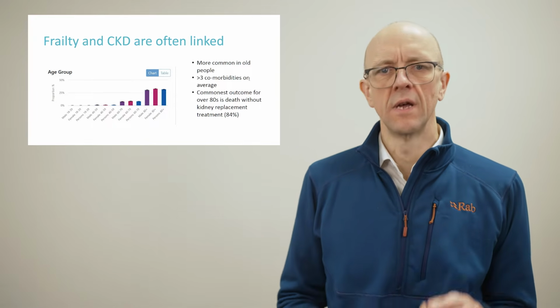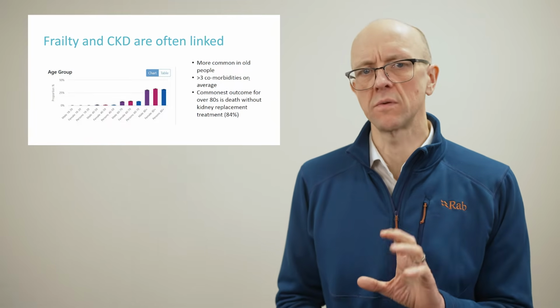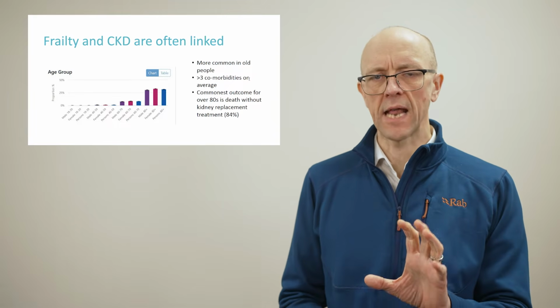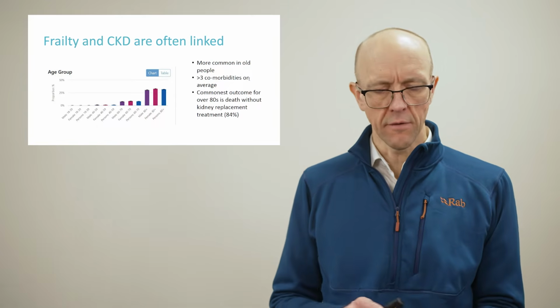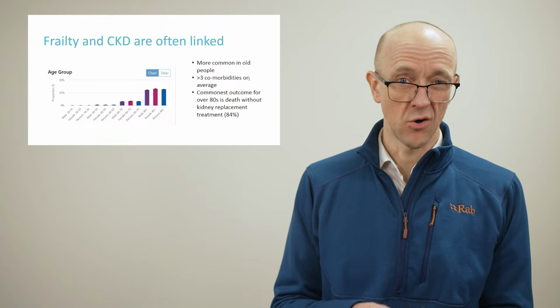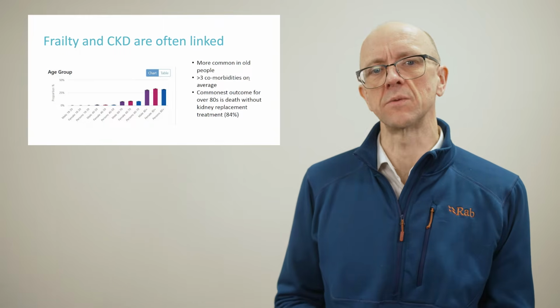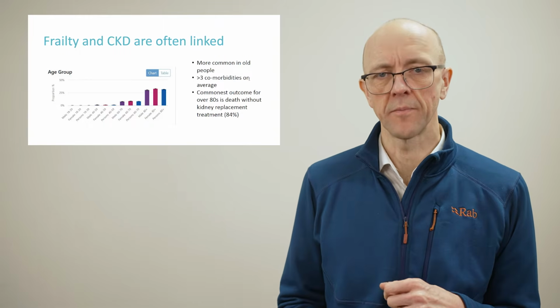And we also know that CKD patients are the most comorbid individuals on your lists. They have on average more than 3 long-term conditions. So if you're in your 80s with CKD, hypertension, diabetes, quite probably heart failure as well, your insides are not going to be in a very good shape.